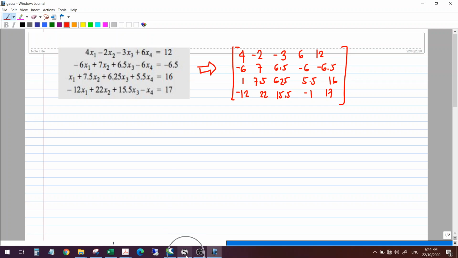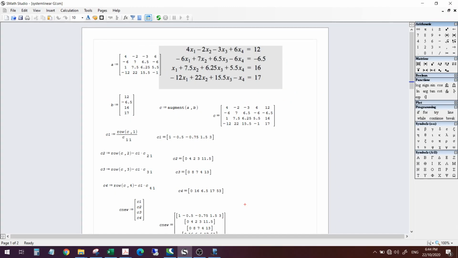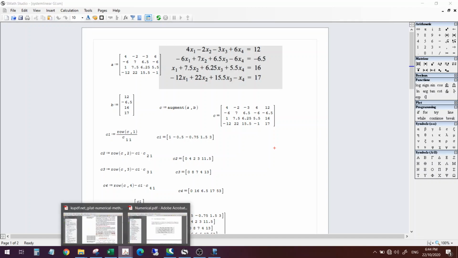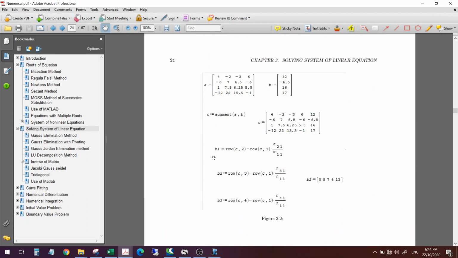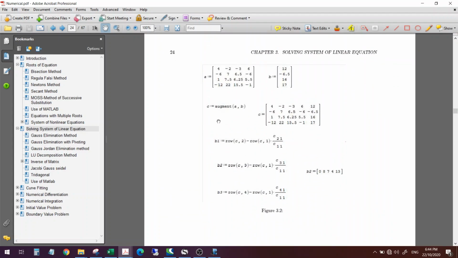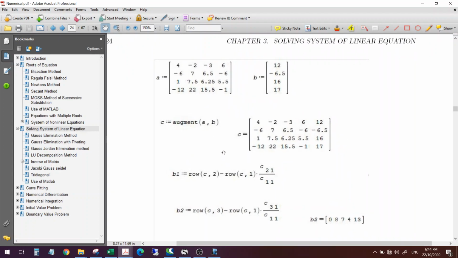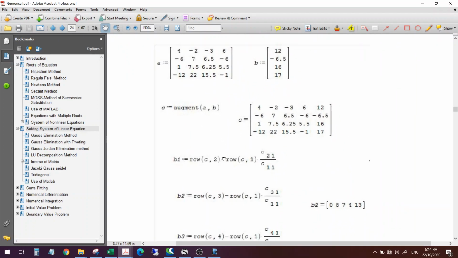Now I have here an SMAT code utilizing the Gaussian elimination. By the way, I also compiled that in this draft ebook that I made, which you have a copy of by now.